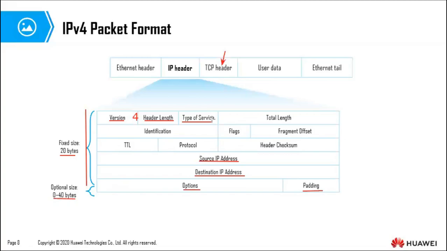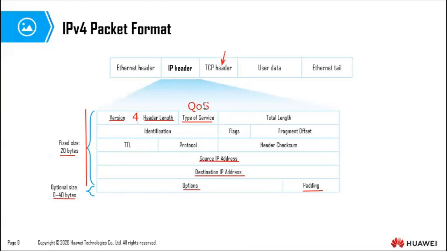So this field is used to implement what we call quality of service, QoS. So we might want to give certain packets higher priorities.